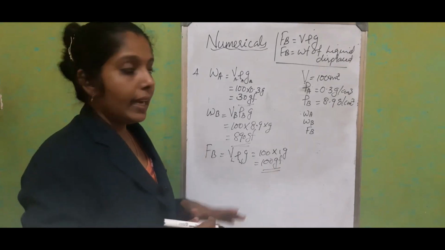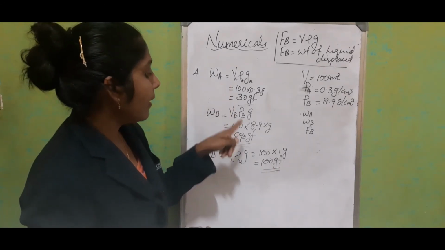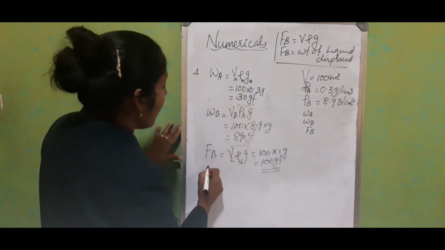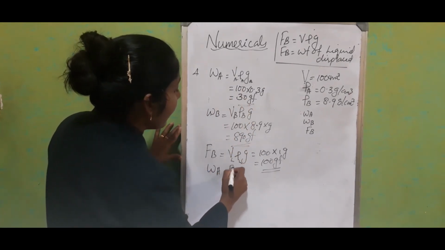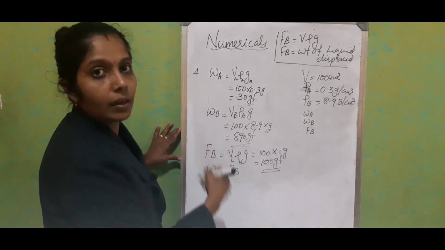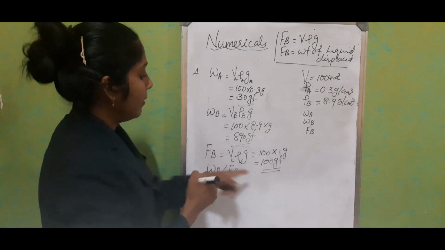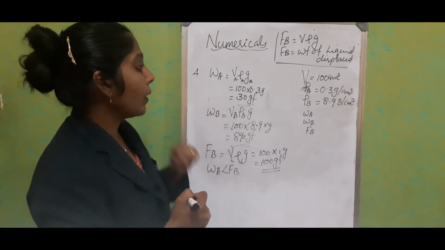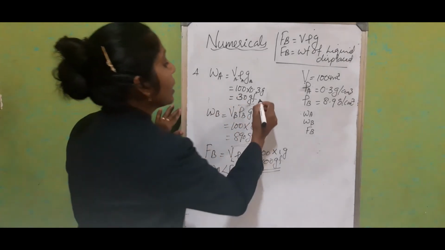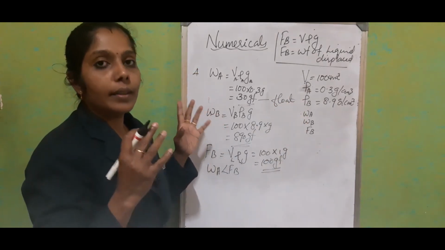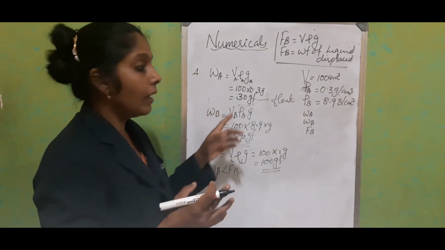We studied that if we compare the weight and the upthrust, we can tell whether it floats or sinks. Compare WA and FB: the upthrust of the liquid is more compared with the weight of the first one, so it will float. The body made of wood will float.